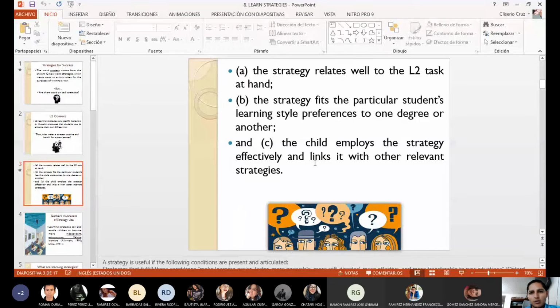We're going to check the taxonomy in a minute. Next, the strategy needs to fit the particular student's learning style preferences to one degree or another. This is very complex because the classroom of children is full of diversity.